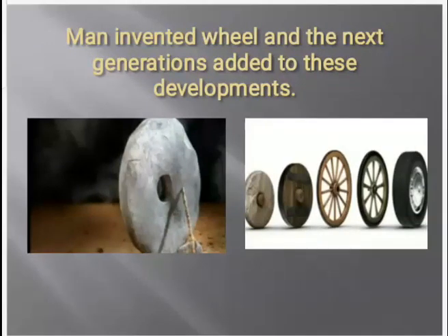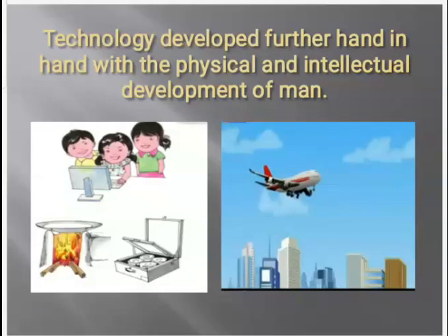The next generations added to these developments. Stone Age man made wheels which were heavy and very thick. But today we can see wheels with very light weight. Technology developed further hand in hand with the physical and intellectual development of man.